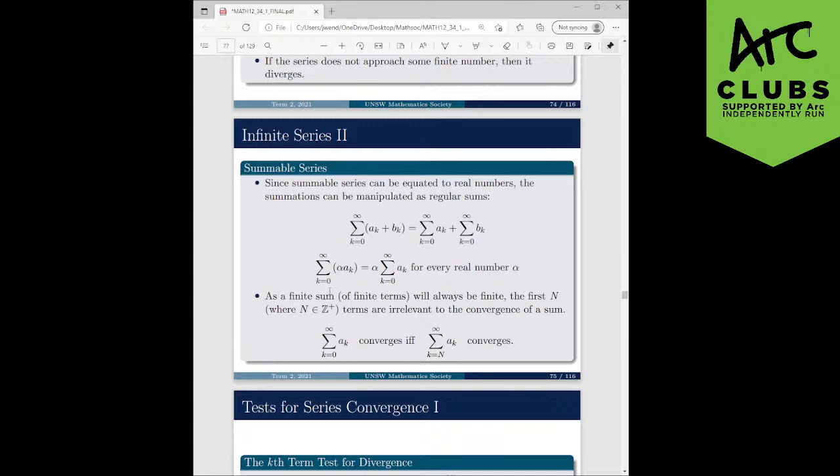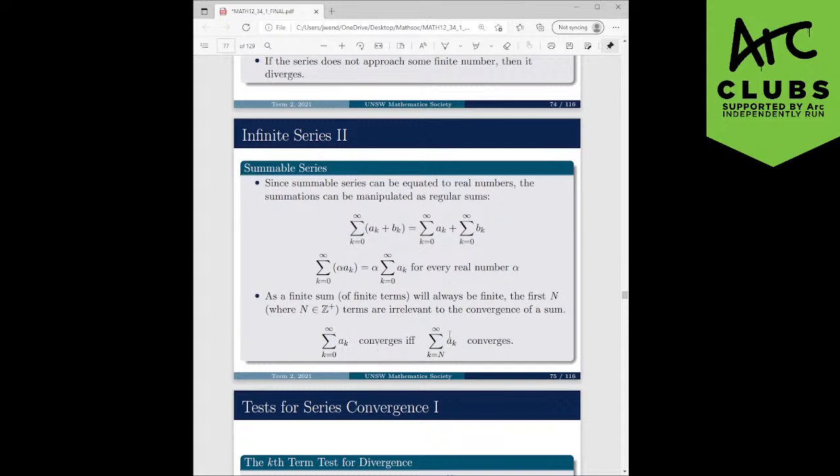An interesting thing to note here is that if you have a bunch of finite numbers and you add them together, it's still a finite number. So when you're trying to find the convergence of an infinite series, you don't really have to go from 0 to infinity.